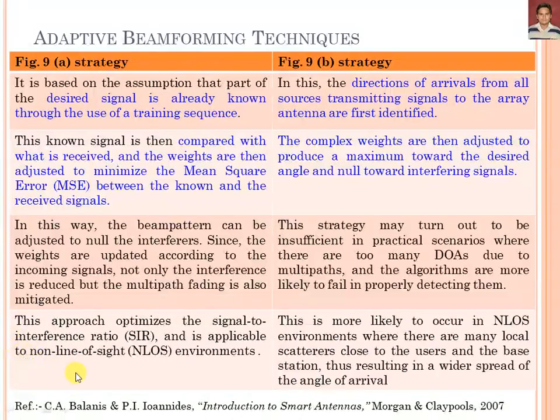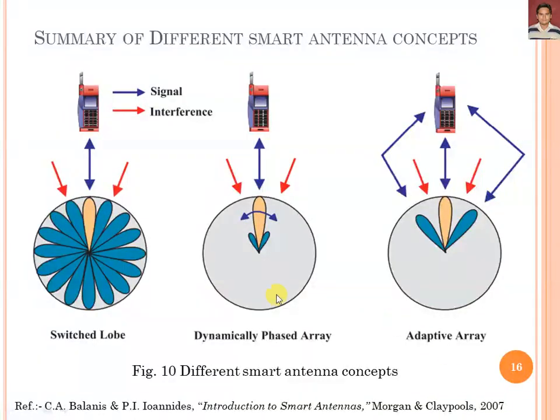This approach optimizes the signal to interference ratio, SIR, and is applicable to non-line of sight environments, especially in densely populated areas. This is more likely to occur in an NLOS environment where there are many local scatterers close to the users and the base station, thus resulting in a wider spread of the angle of arrival. So in summary, we have defined the different smart antenna concepts.